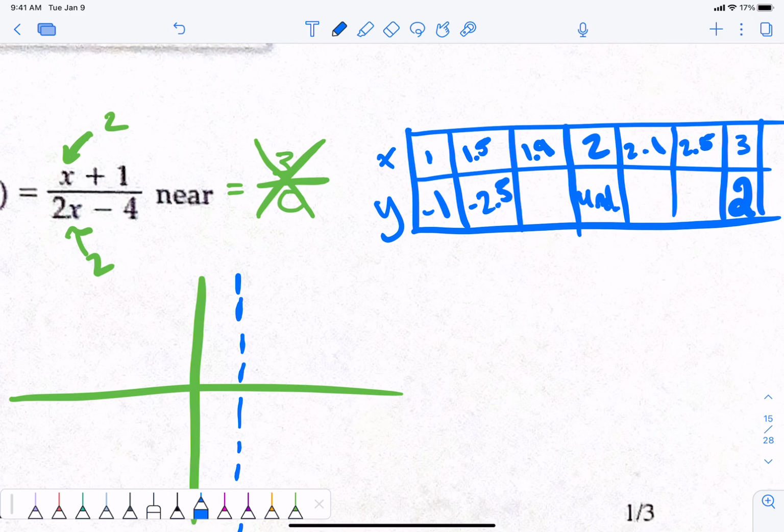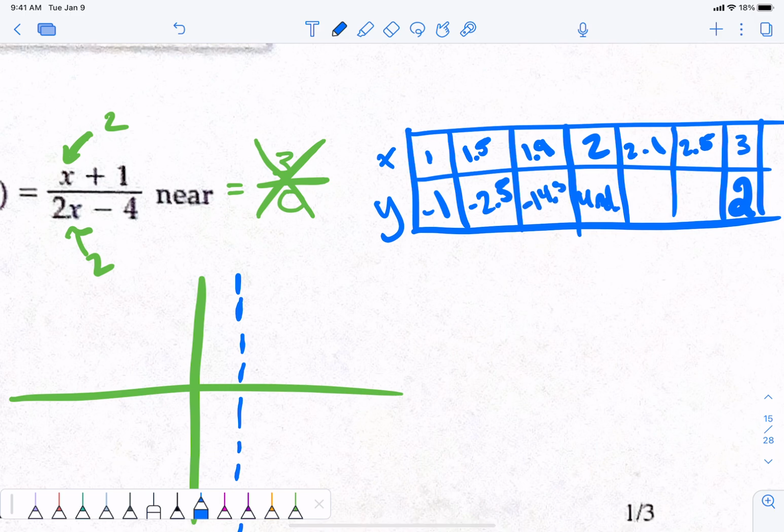Anybody else have any others? 1.9 is approximately 2.9 over negative 0.2, which as a decimal is a big, big number. I got negative 14.5 for 1.9.